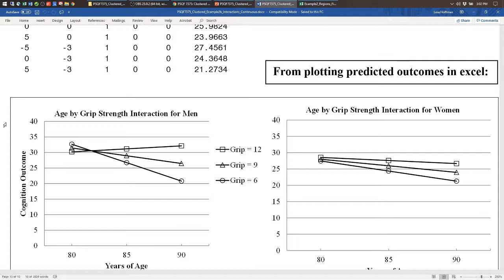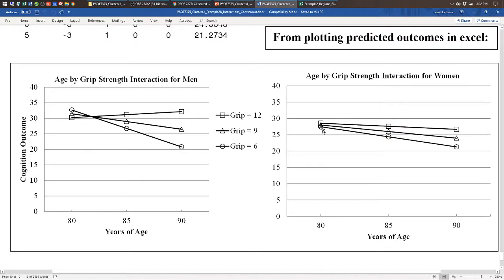So this one is easy to come up with a plot because my third variable is a grouping variable. So I've got one picture for men and one picture for women. So age by grip has a bigger interaction, more or less parallel in men than women. That's one of the patterns. You could focus in on any of the lines or any of the differences and talk about how they differ as a function of the others.